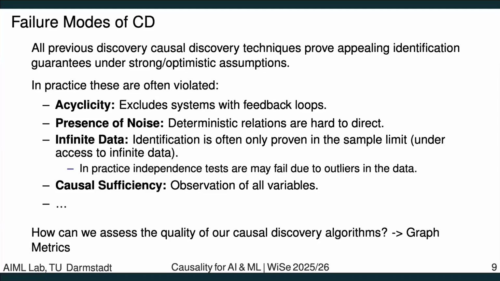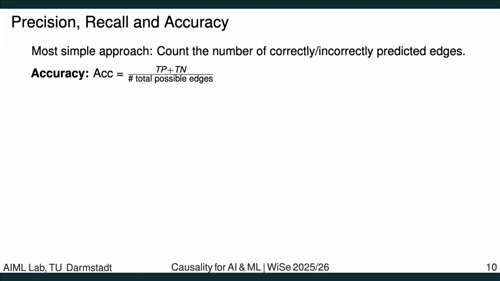Yeah, and the question now is what can we do to measure the correctness of the graph we recover? So the first idea would be to go and check the accuracy. Basically, you take your causal graph, your DAG, you look at the adjacency matrix, and you do that for your true graph that you know, your reference, and the predicted one, and you sum up all the correctly predicted edges and normalize by all the possible edges you have.